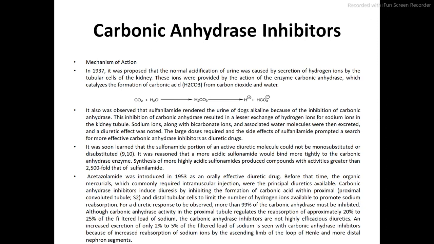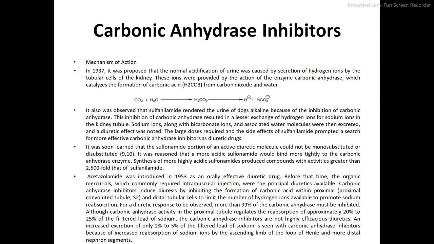For a diuretic response to be observed, more than 99% of the carbonic anhydrase must be inhibited. So, to get a better diuretic response, about 99% of the carbonic anhydrase enzyme must be inhibited.